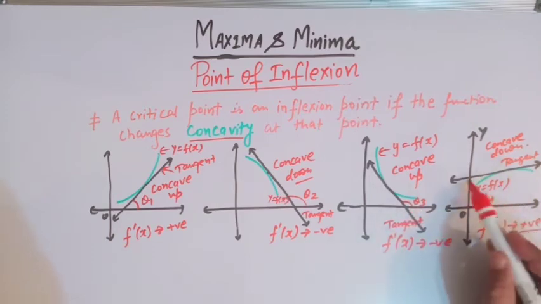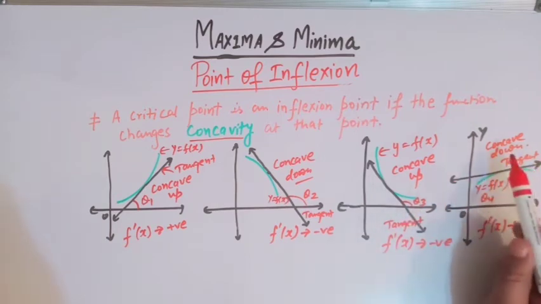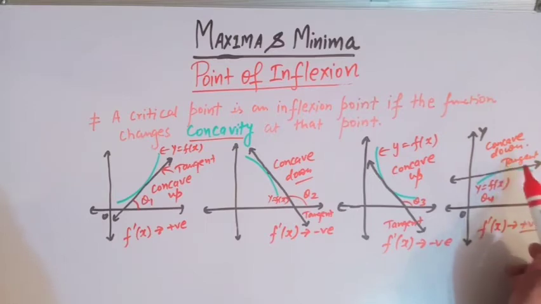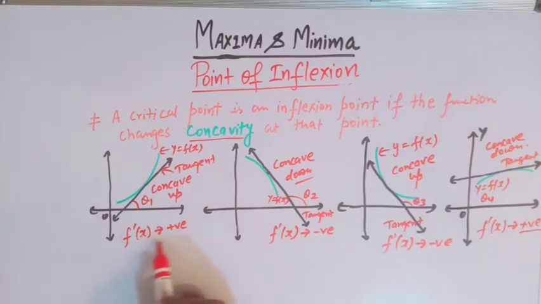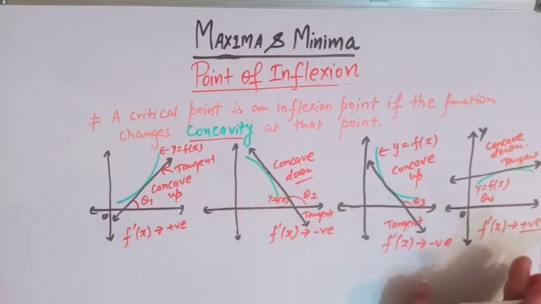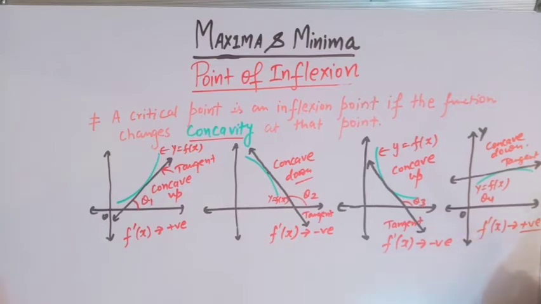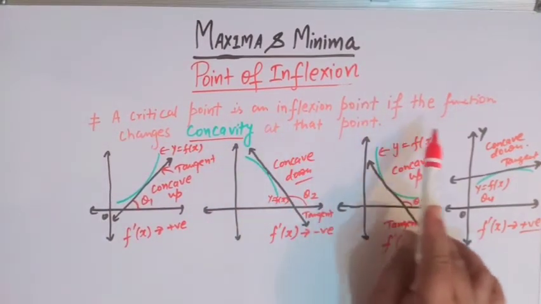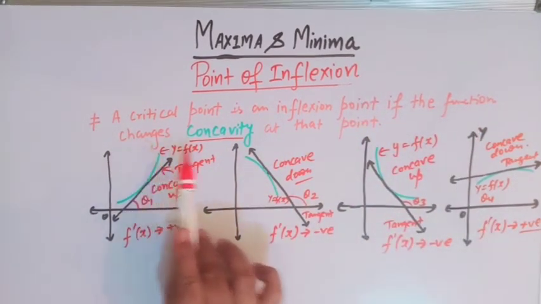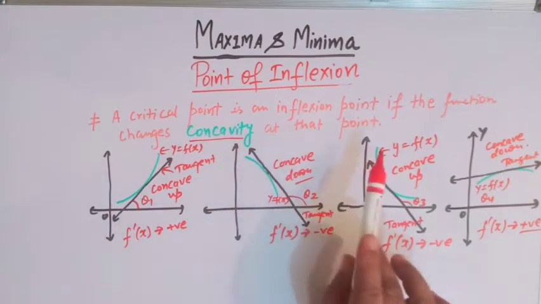And similarly in this case the graph is concave down, but the graph is increasing as the derivative is positive. We know that a function is said to be increasing if the derivative is positive, and decreasing if the derivative is negative. So therefore a critical point is an inflection point if the function changes concavity at that point.